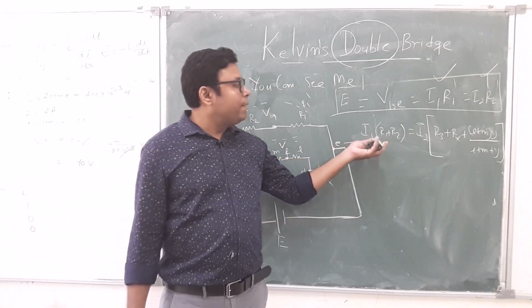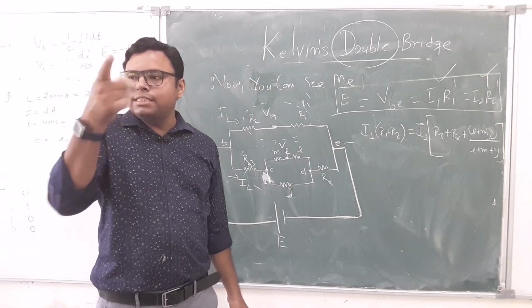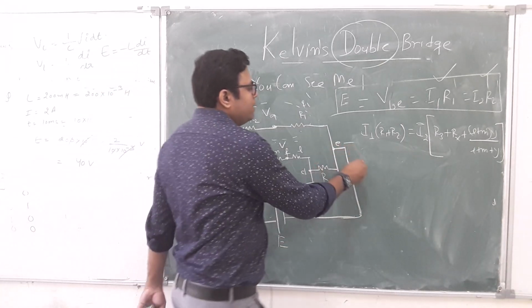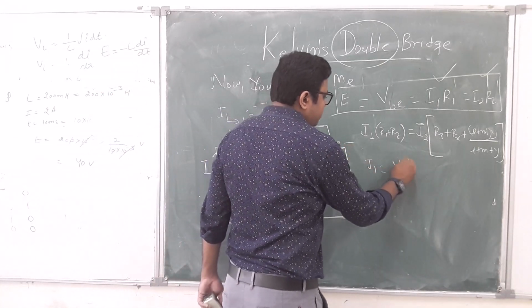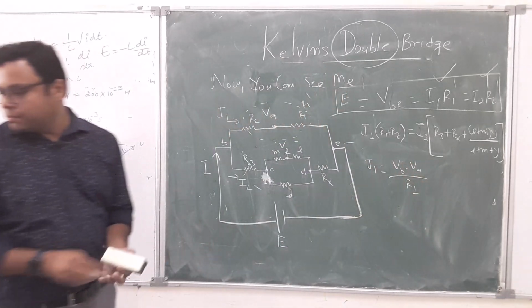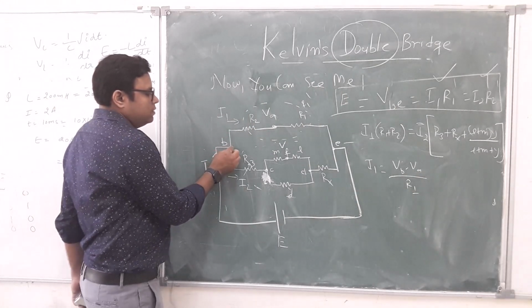Now I will replace I1 and I2 with a voltage difference, and I will cancel that voltage, so only resistance will be there. So I1 is VB minus VA by R1. I1 is VB minus VA, see this.